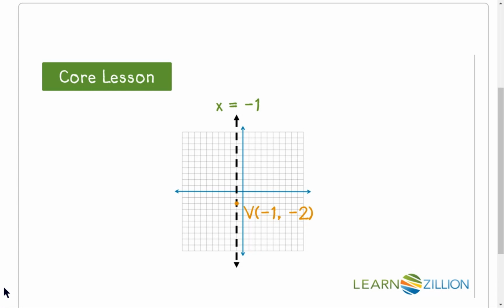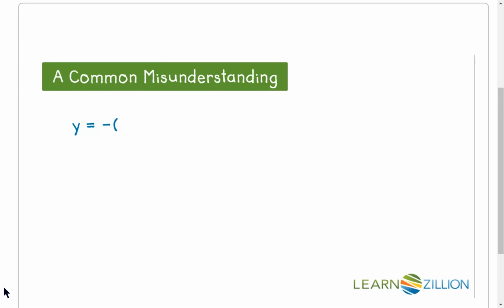A common misunderstanding occurs by not following the order of operations. Y equals negative quantity 4 squared plus 2 times the quantity negative 4 minus 1. The common misunderstanding occurs when you multiply the negative 1 outside of the problem by what's inside the parentheses.